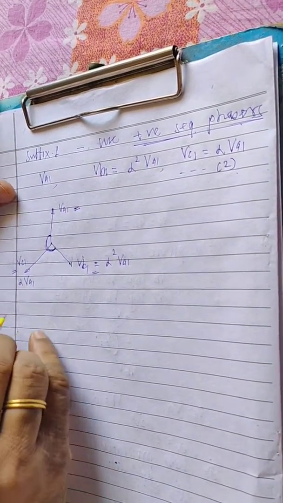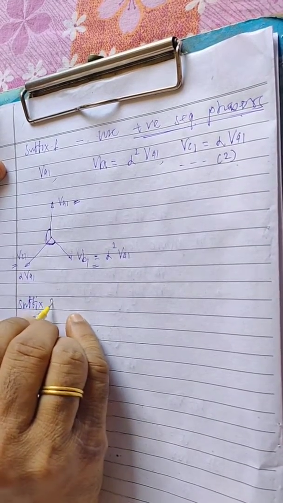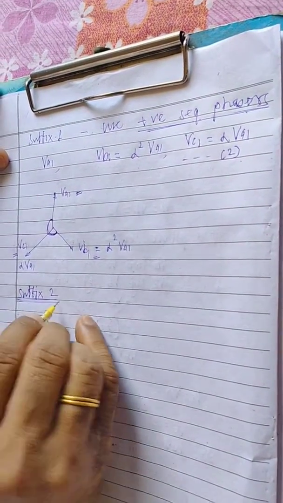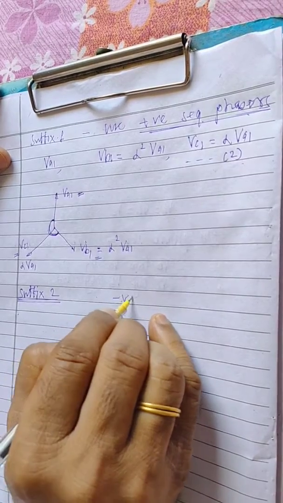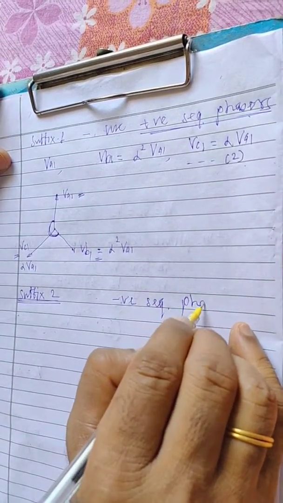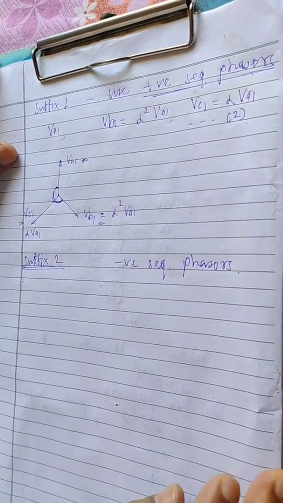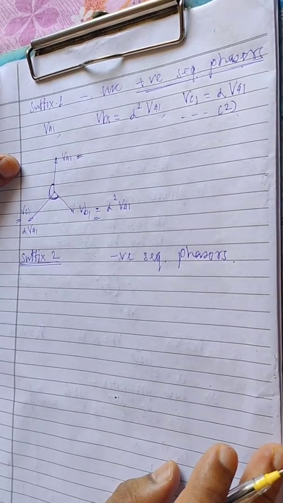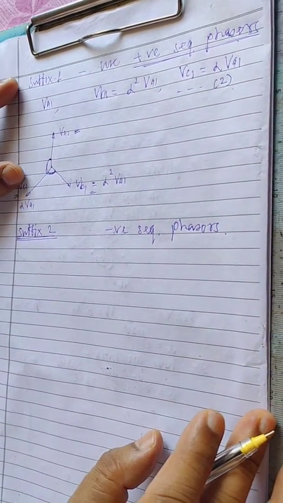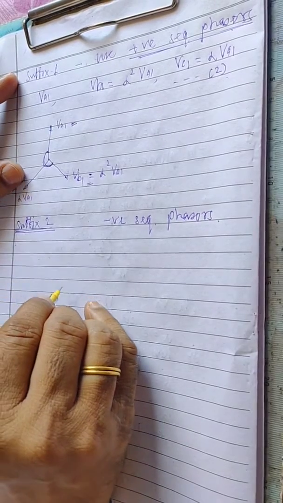Suffix 2 is used to indicate negative sequence phasors. The set of negative sequence phasors we can show like this.